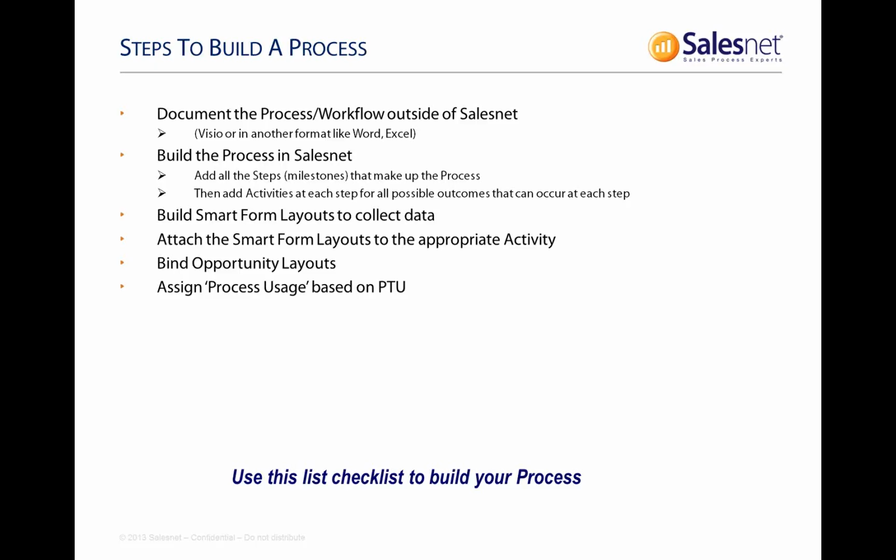First, we make a pass at creating steps, and then we make a pass at layering in activities. Then the following steps we have here, we have some other options around what we call smart forms. Every time someone chooses an activity, they can be presented with a smart form, which is a way for them to easily enter data that they may need to be focused on when going from one step to another, or we may want to actually make a requirement.